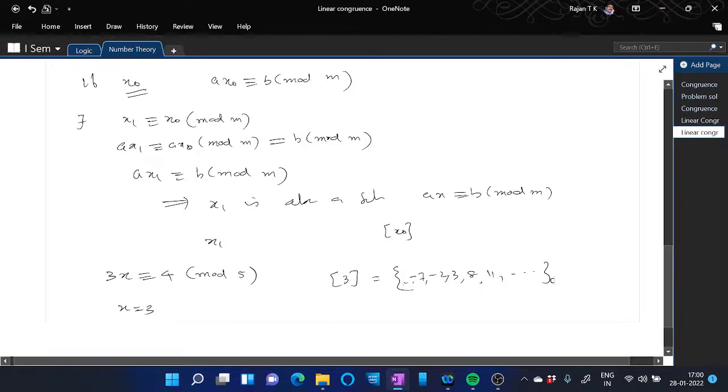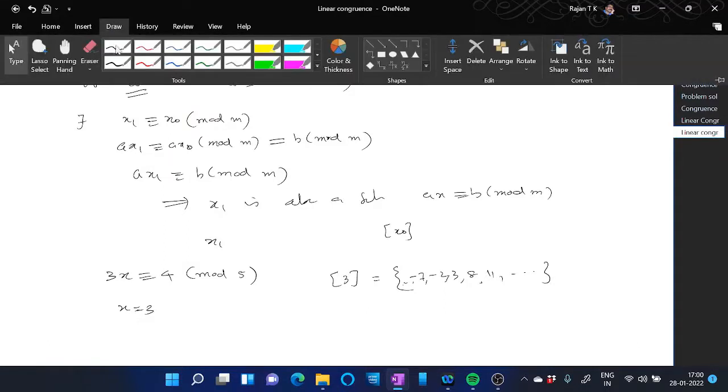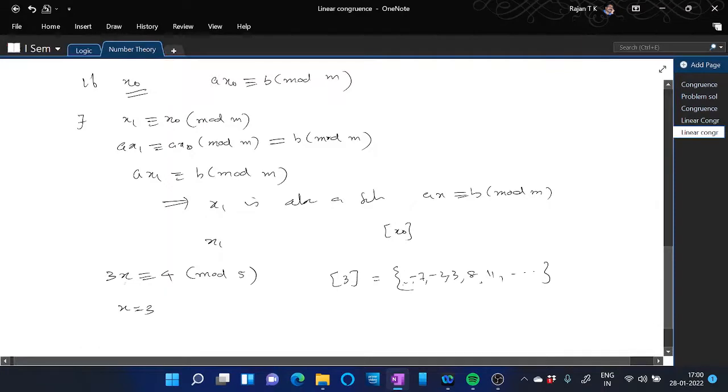In general, if 3 is a solution to 3x congruent to 4 mod 5, any integer in the form 3 plus 5t is also a solution to the linear congruence.